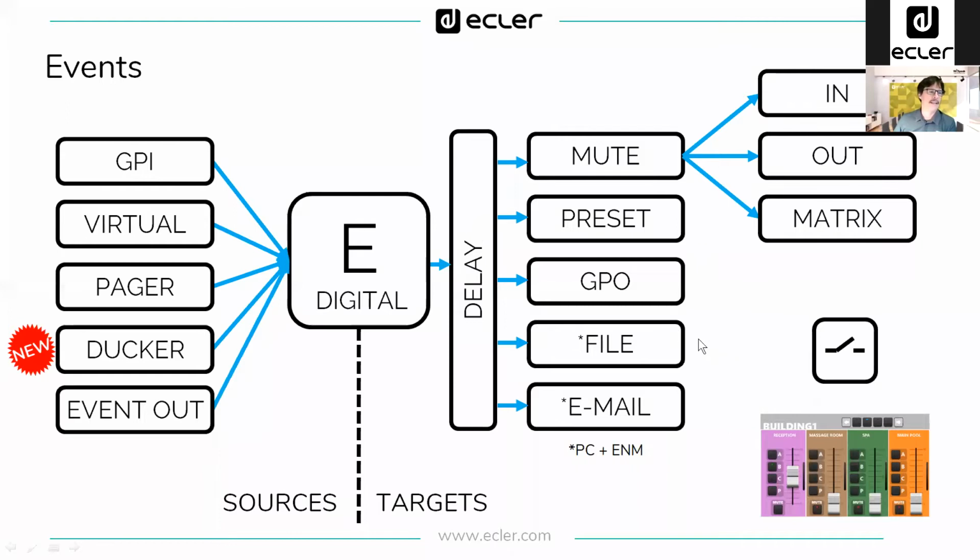Okay, digital delay event. We have seen analog, digital simple. Digital delay is the same as digital simple, but with a delay in it. So you can put a delay of seconds, whatever you want, minutes, hours, days, even years. What for? I don't know.